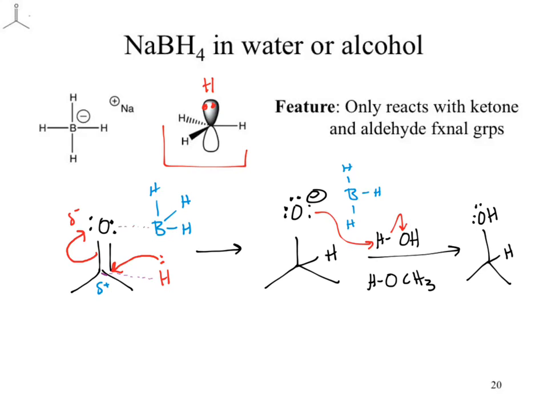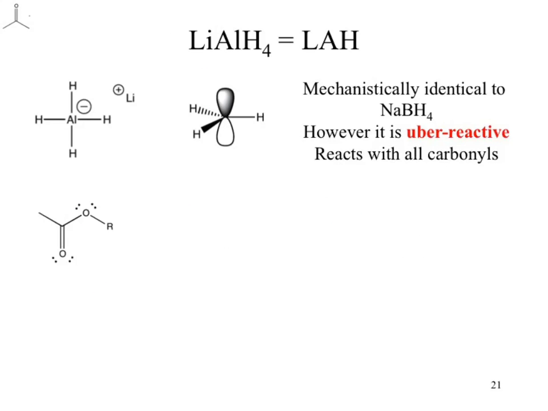The slight change that we're going to do is switch it to lithium aluminum hydride, and I'm going to do the same thing with it. Why can I get away with that? Where's boron versus aluminum on the periodic table? Right on top of each other. Their electron configurations are identical, so we get the exact same properties between our aluminum and our boron.